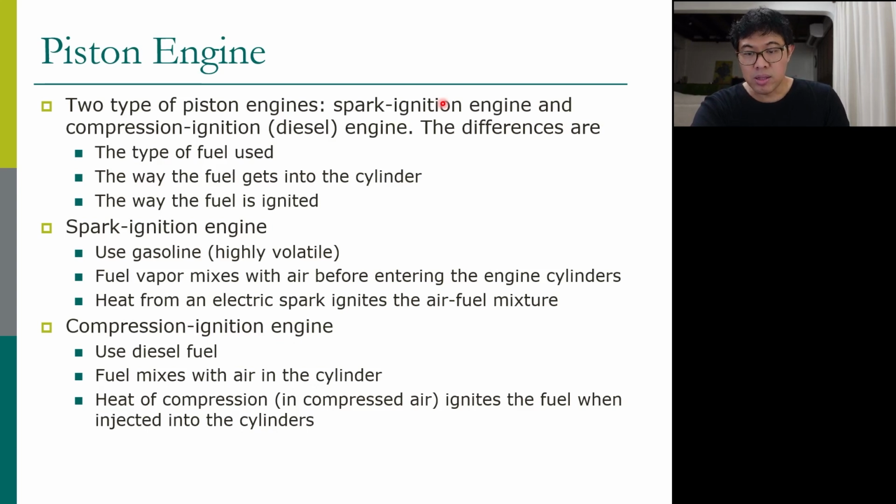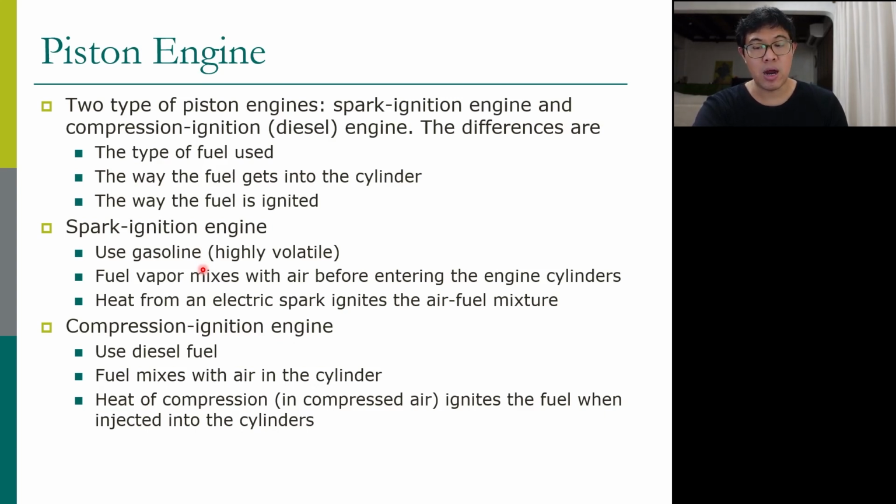The first difference is the type of fuel used. For the SI engine, you use gasoline, or in some countries they call it petrol. Gasoline is the US word for benzene in Thailand, but in some countries, like British English, they use petrol.